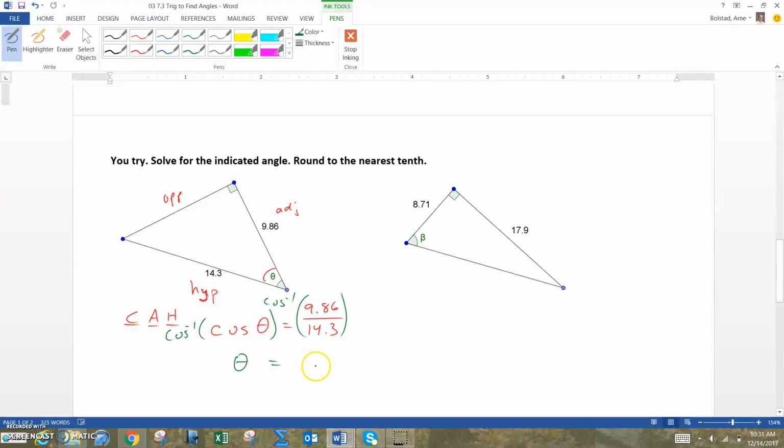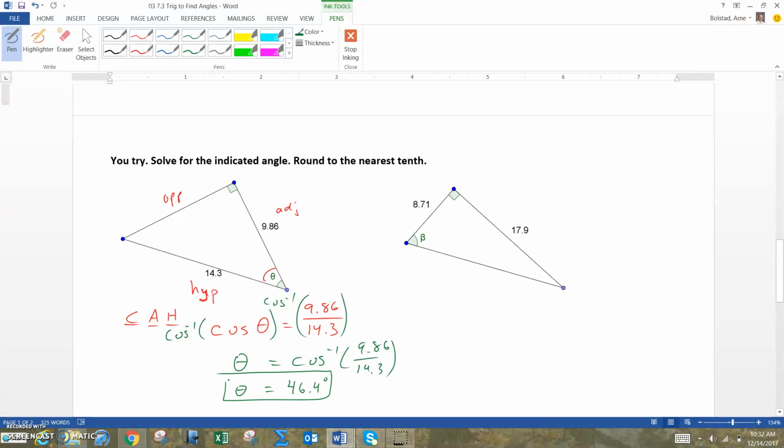One does, the other undoes. And then we would have to type inverse cosine of 9.86 over 14.3 into our calculator, which would give us the theta, or the angle measure, equal to 46.4 degrees. All right, so there we go, 46.4.